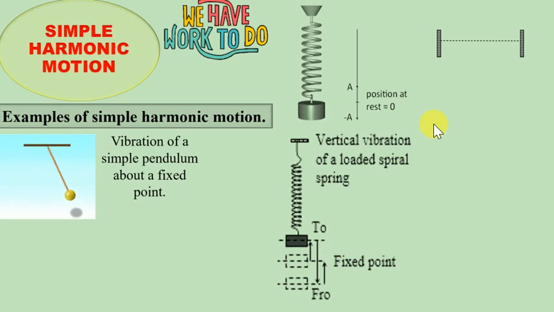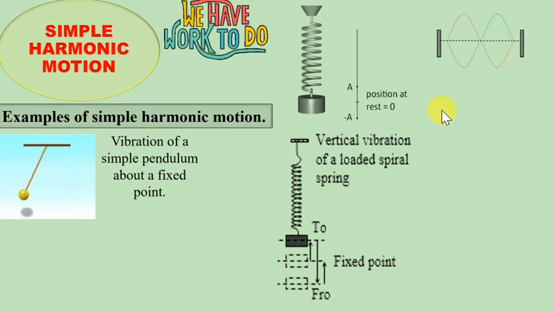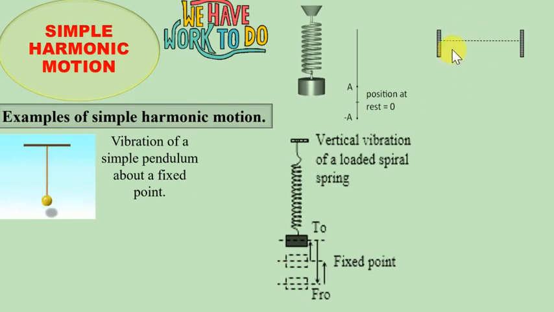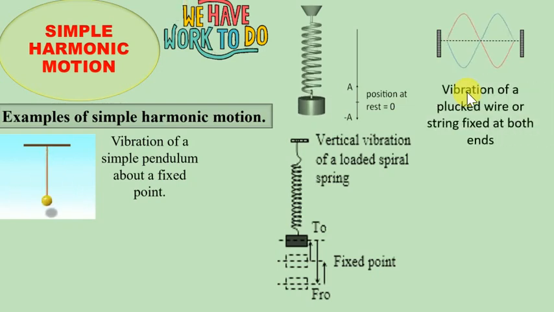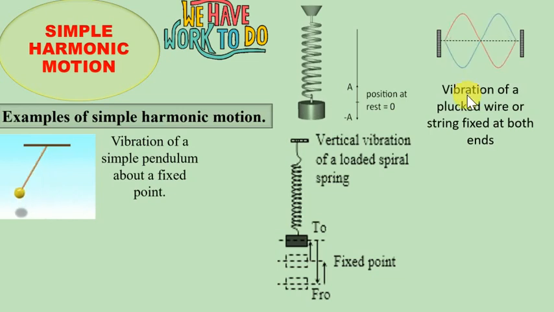Then we'll look at number 3, the oscillation or the vibration of a plucked wire or string fixed at both ends. This wire is fixed, and when it's plucked, what happens? It vibrates. That vibration is another good example of simple harmonic motion.